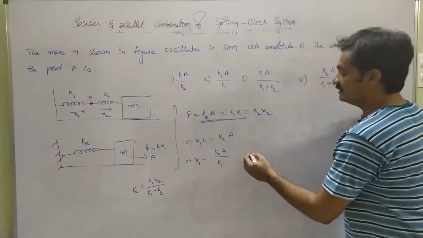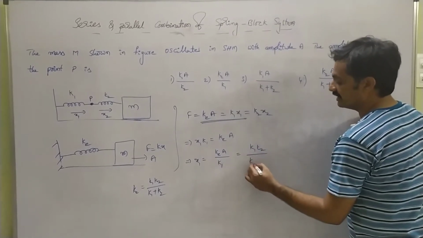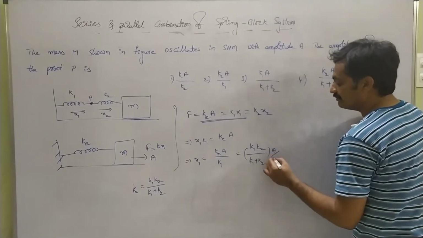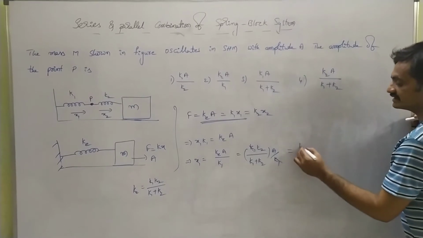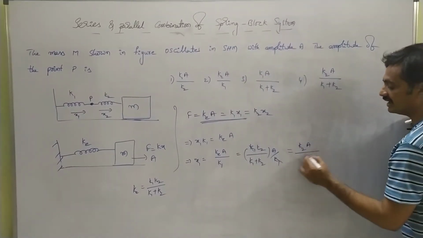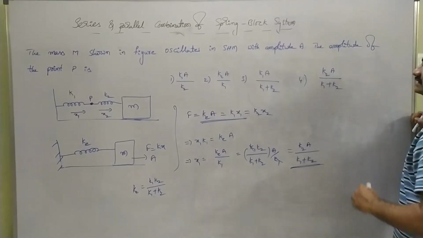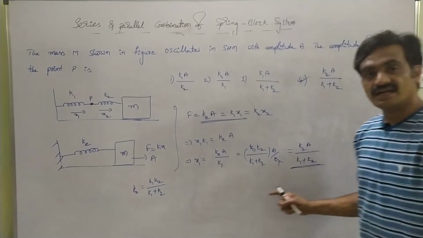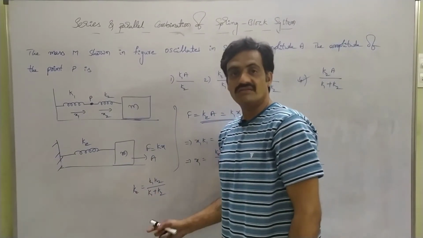As we substitute this value, we have K1 into K2 by K1 plus K2 into A by K1. After that, K1 gets cancelled. So we have K2 into A by K1 plus K2. So the answer is the fourth option. And this problem was asked in IIT 2009. Take a screenshot, we will continue.